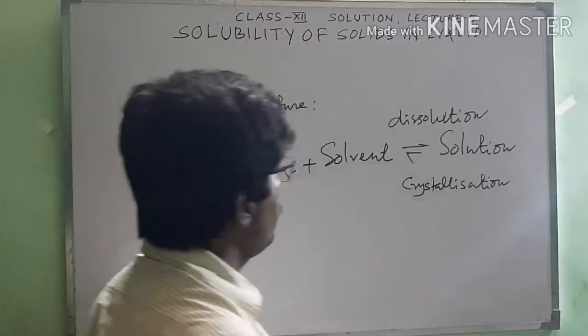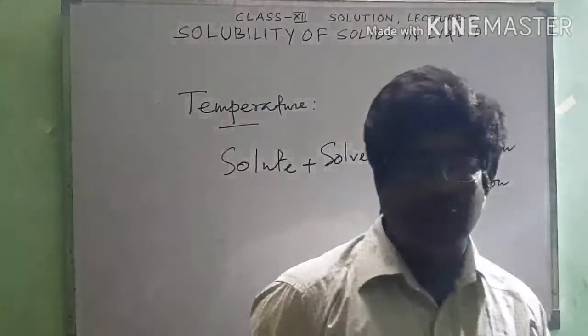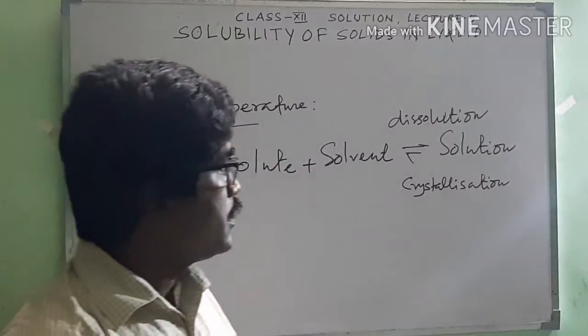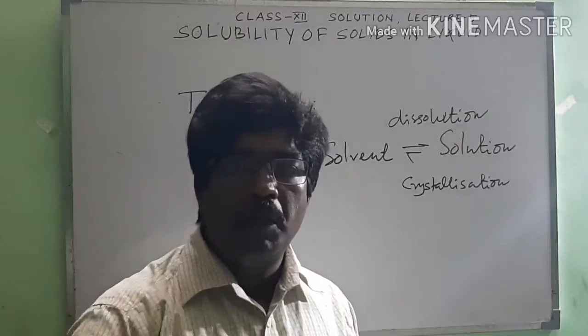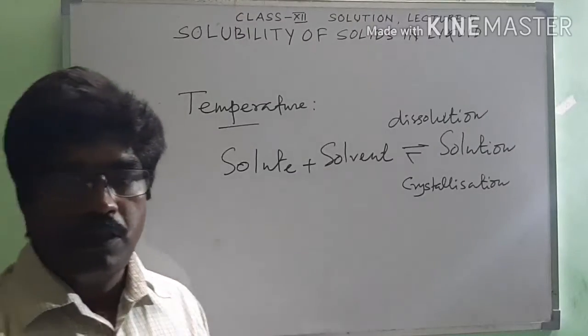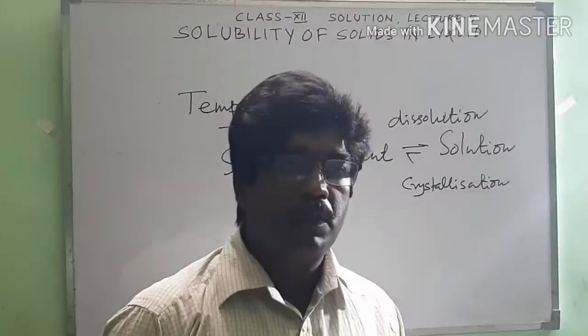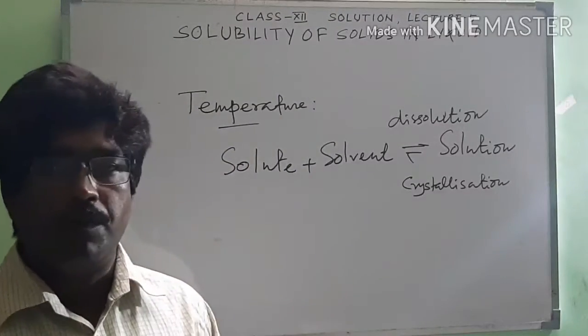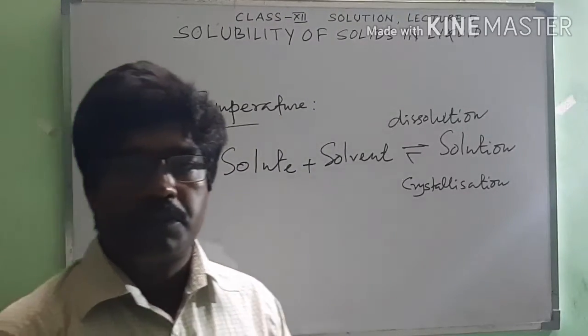In this case, when a particular solute dissolves in a solvent, heat may be evolved or absorbed. Actually, the solubility depends on the heat evolved or absorbed in this process.